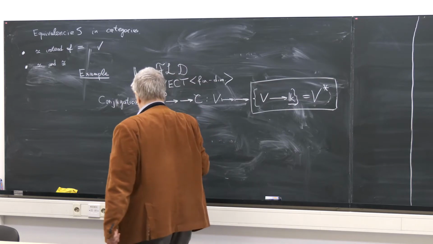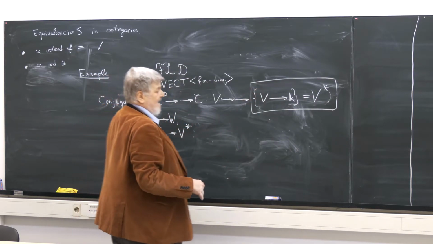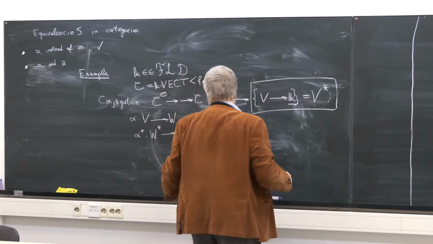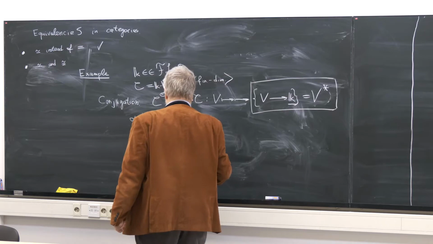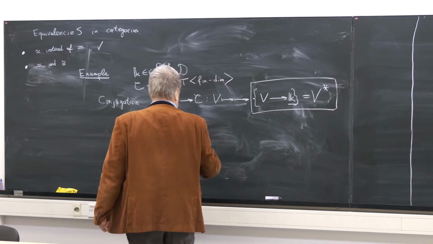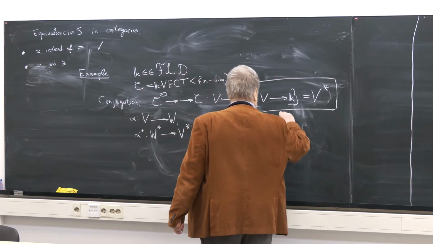Just introduce one more notation of the application of the functional to the vector. That means that, say, the functional star. Maybe let's write it down.